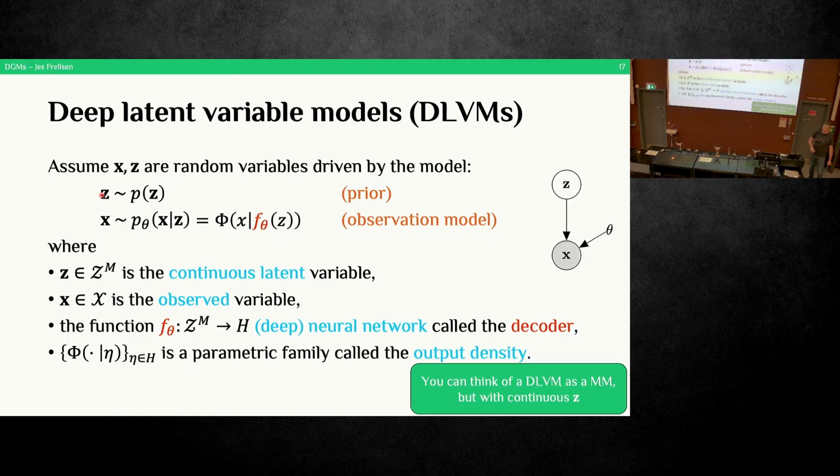The graphical model is the same as for a mixture model. And I think I saw on the slide that was also mentioned yesterday, you can also think of a deep latent variable model as a nonlinear probabilistic PCA. So it's nonlinear because we got this nonlinear decoder in here.